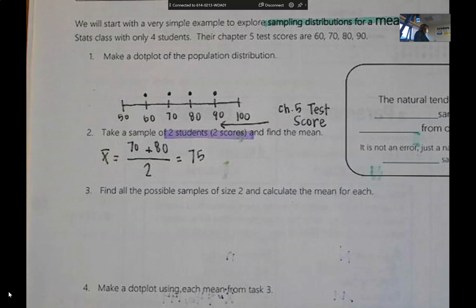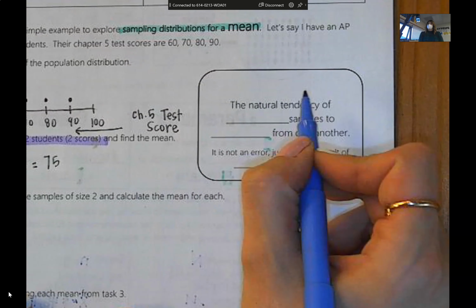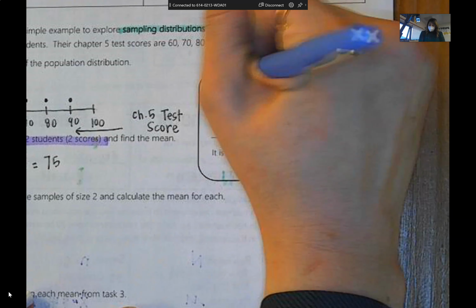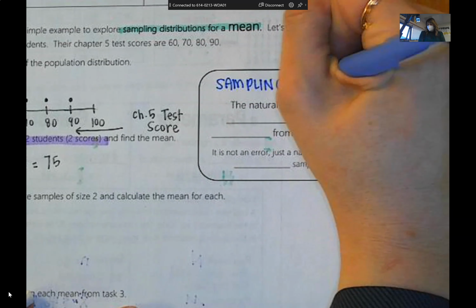So this occurrence of getting a different value for your statistic is called sampling variability, and that's what goes in this part of the bubble to the right. Sampling variability.